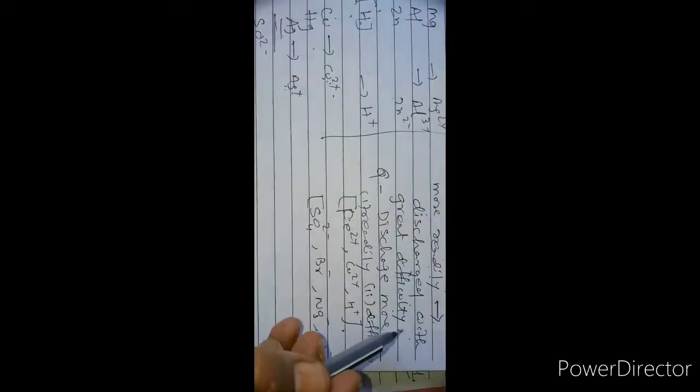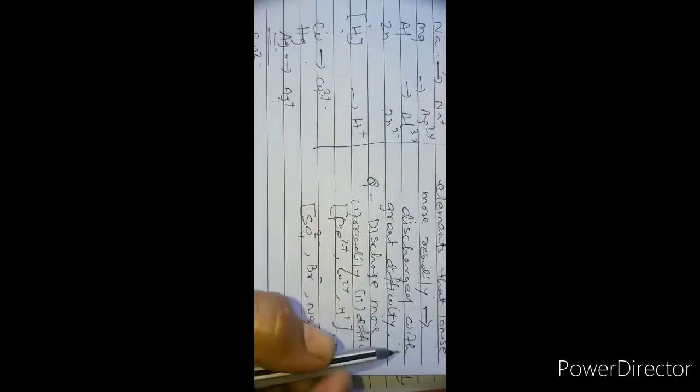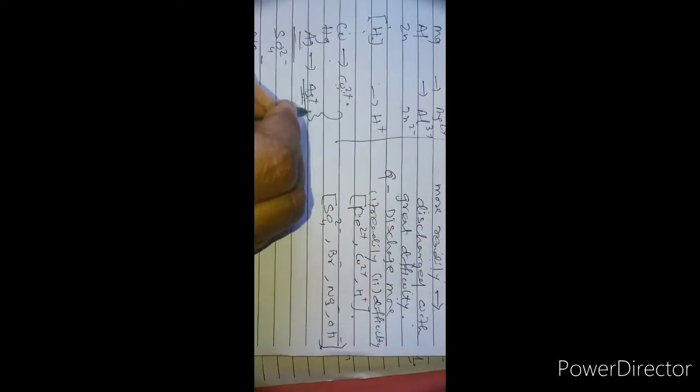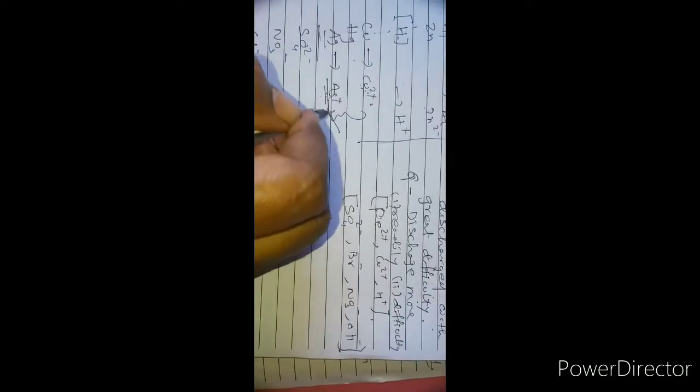What does discharge with greater difficulty mean? In electrolysis, these ions get discharged at the respective electrodes, but the one at the higher position will discharge with most difficulty, and the one at the lower position will be discharged easily. Out of copper and silver, silver gets discharged more easily at the cathode compared to copper.